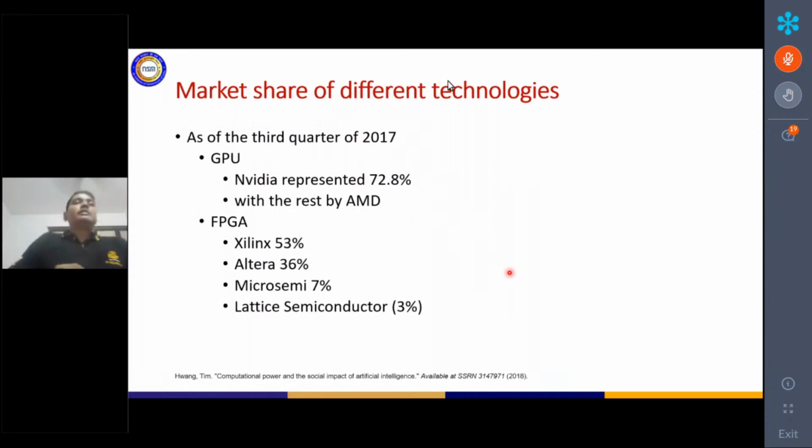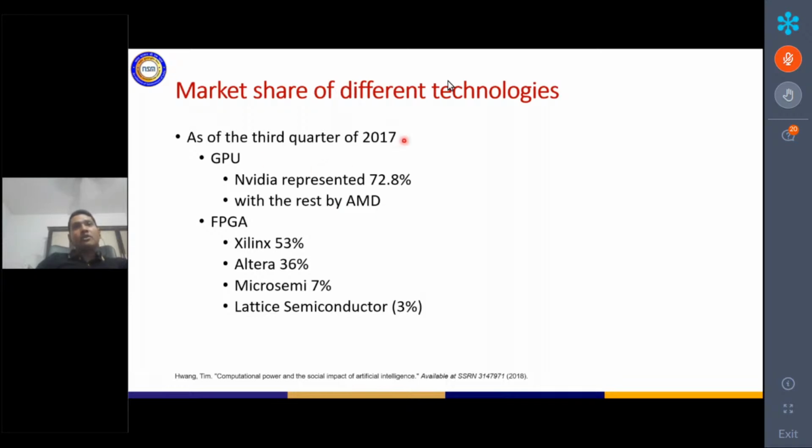From the market share point of view, what kind of market share do these companies have in terms of different engines like GPU and FPGA based? The GPU based market is vastly dominated by NVIDIA, at 72.8%.